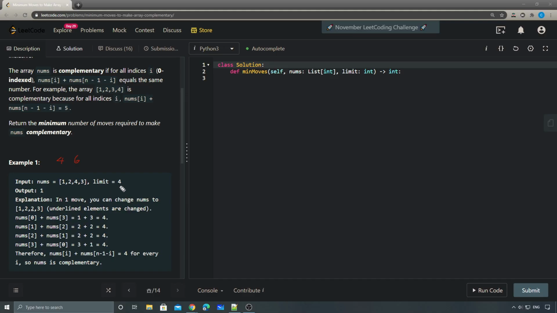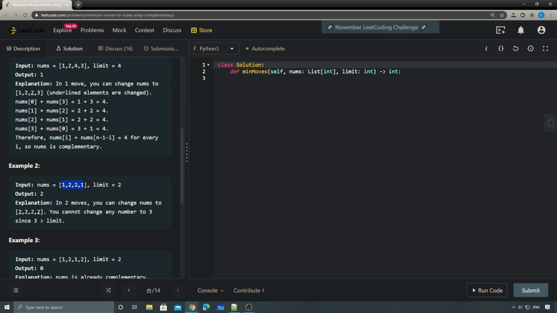And the limit is 4, which means that we can simply change this 1 to 3, because 3 is in the range of 4, so that both pairs have the same sum, which is 6, right?